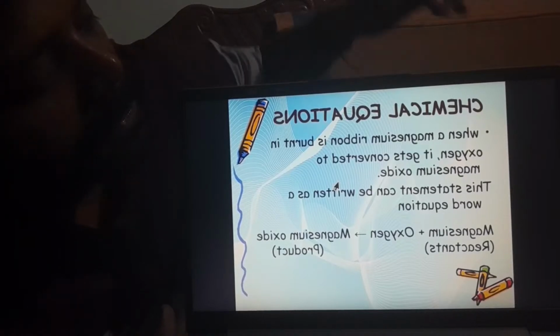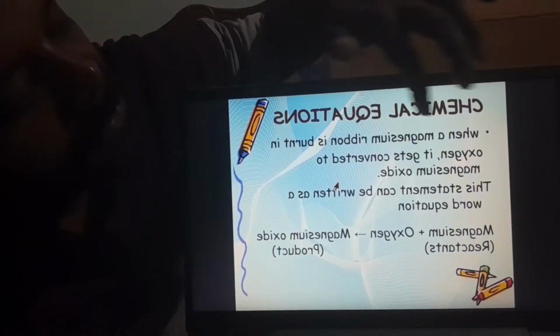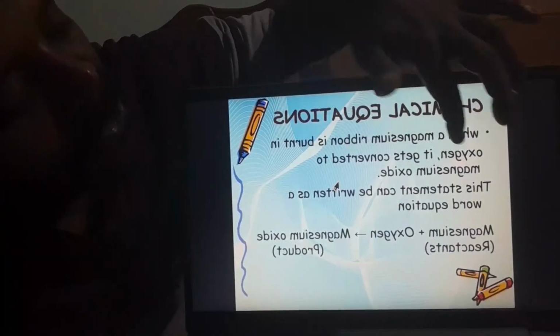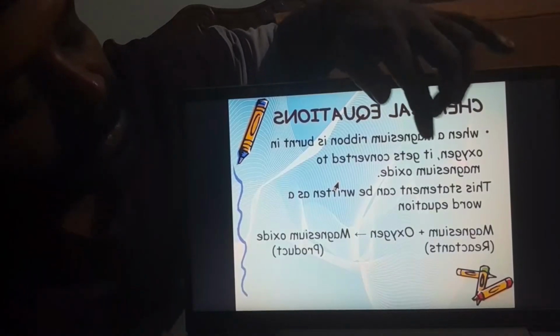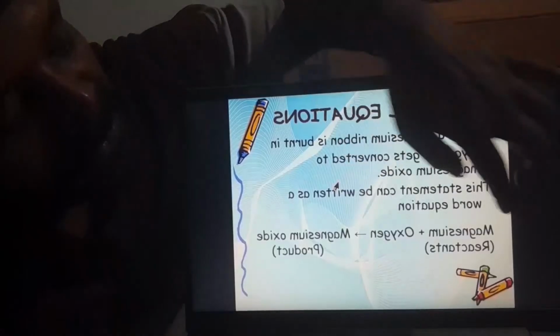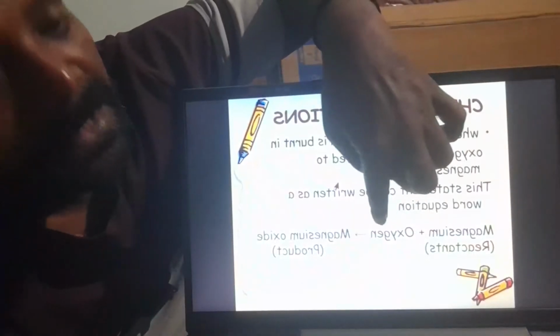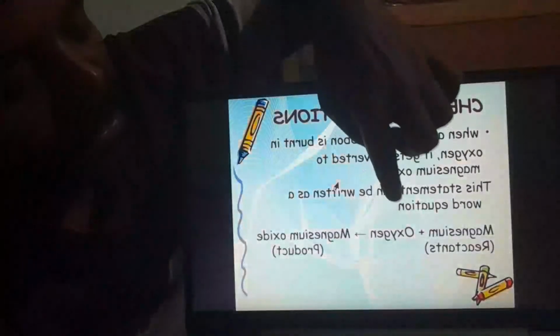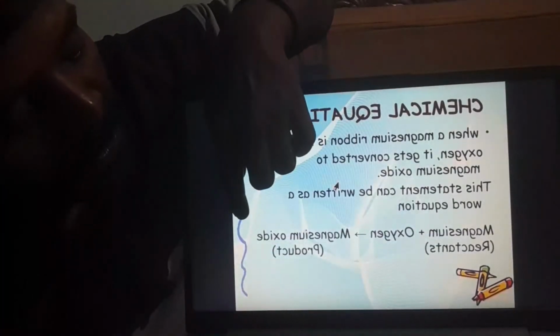Now, chemical equation. When a magnesium ribbon is burnt in oxygen, it gets converted to magnesium oxide. It is an example of a chemical reaction. So this statement can be written as a word equation. Here you are seeing a word equation: magnesium plus oxygen, arrow, gives magnesium oxide.